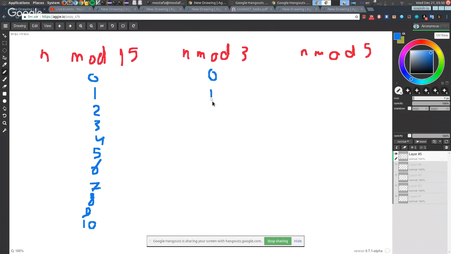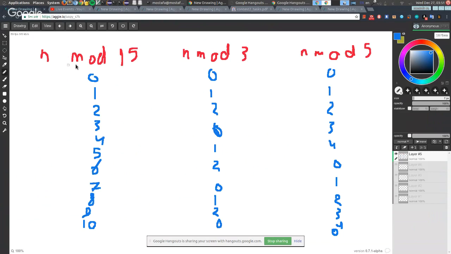Here we go 0, 1, 2, 0, 1, 2, and so on, and 0, 1, 2, 3, 4, 0, 1, 2, 3, 4, and 0, and so on until after the 15th row.